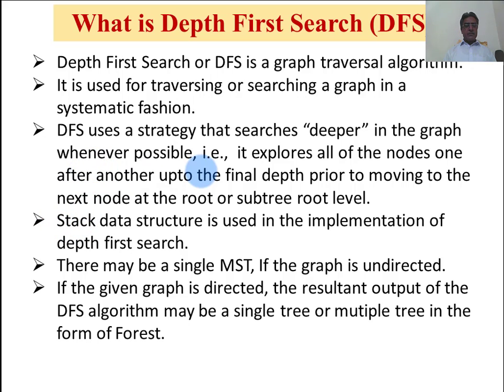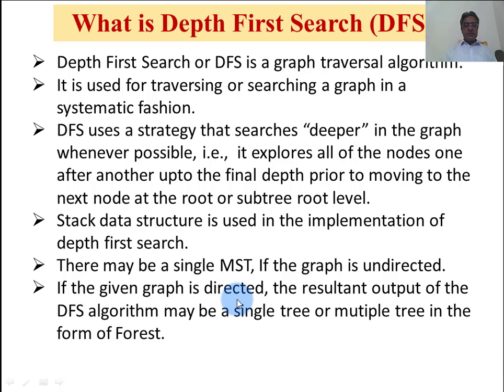Stack data structure is used in the implementation of depth first search algorithm. In the breadth first search algorithm we used queue data structure, while in depth first search we will use stack data structure. There may be a single MST if the graph is undirected. If it is an undirected graph, we will get a single MST.